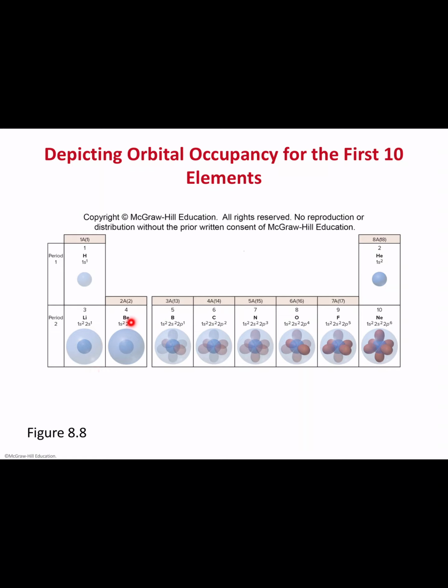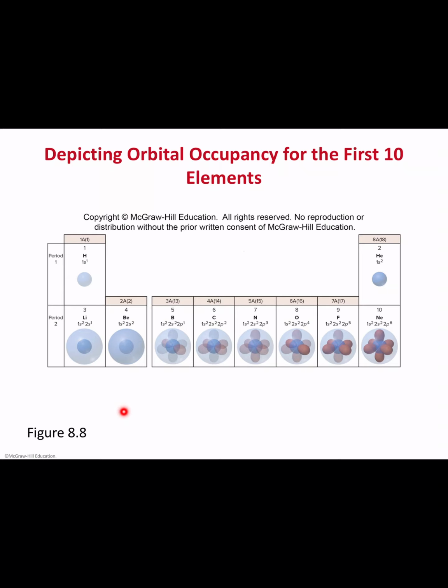Okay, and then if you take group 2, it has configuration 1s2, 2s2. After beryllium comes magnesium. Magnesium would again be 3s2 outer configuration, and then comes calcium.